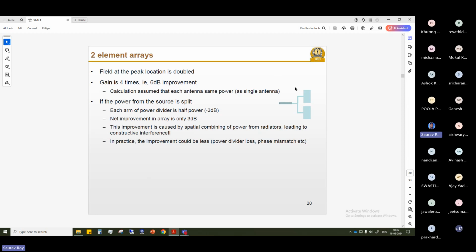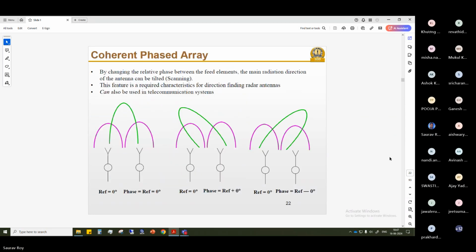You might wonder what the importance is, but that is what makes the antenna signals coherent. If you feed them with two different signals, that does not guarantee phased array operation. So these are the very basic fundamental things you should understand.